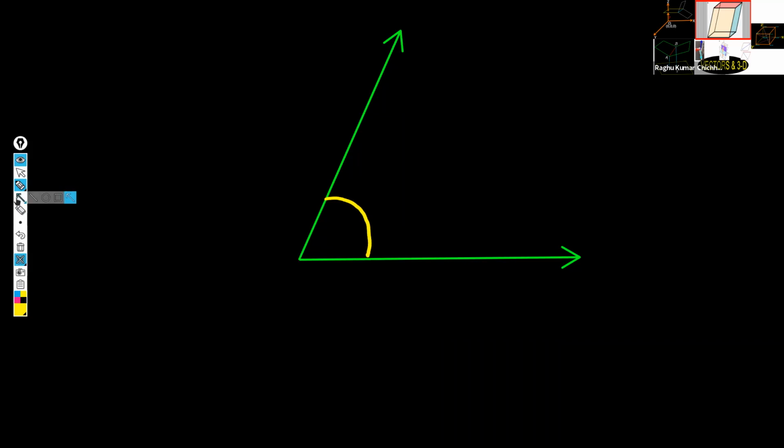Obviously, the internal angular bisector bisects the angle between these two vectors. Then it goes like this.